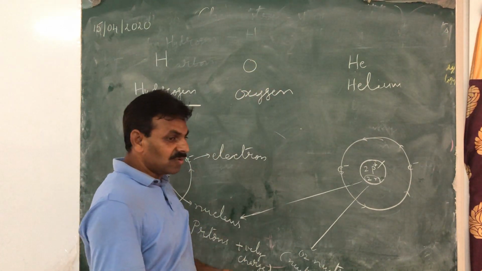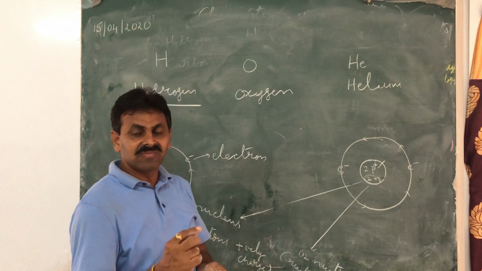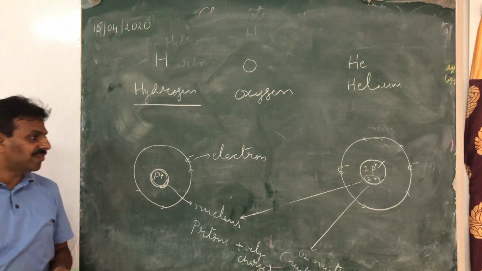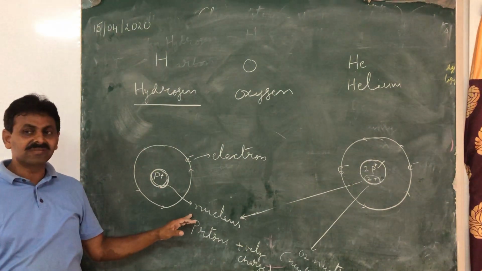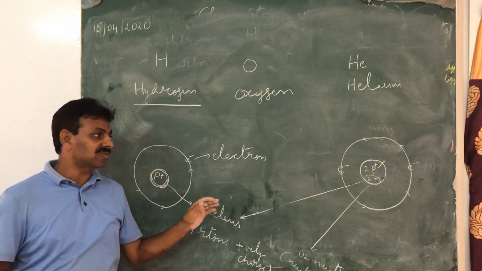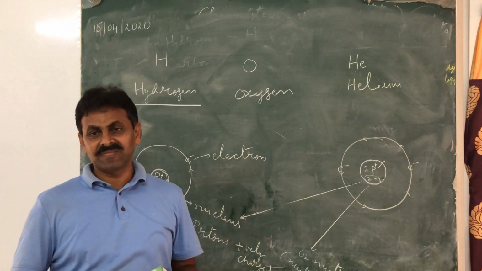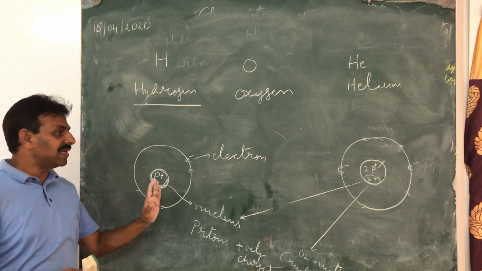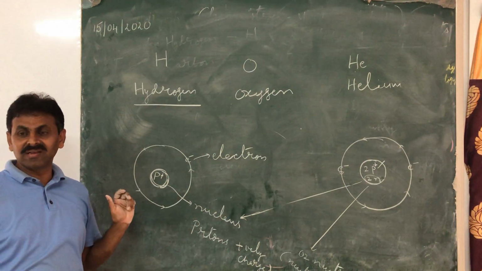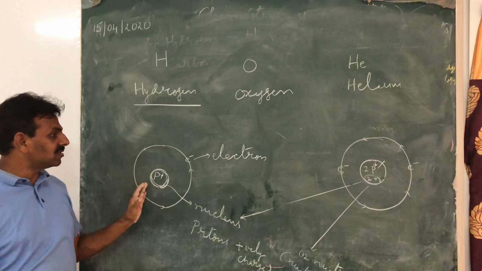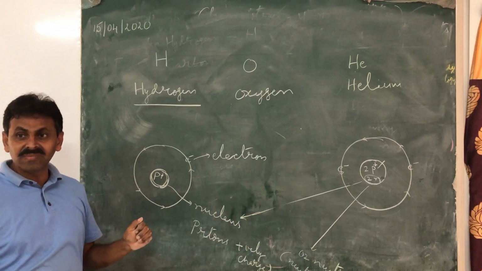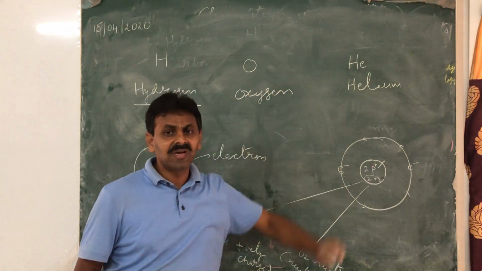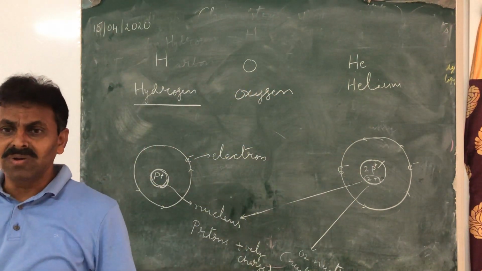So this is how from atom to atom, from element to element, the number of electrons, protons and neutrons will be different. And that is the reason why these elements behave differently. Hydrogen is different from helium. These two elements have absolutely no comparison.